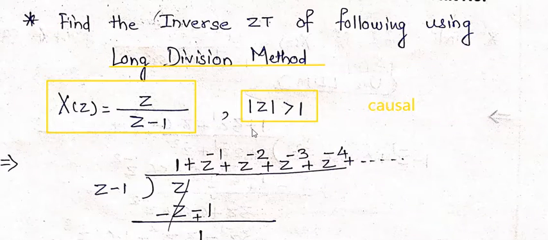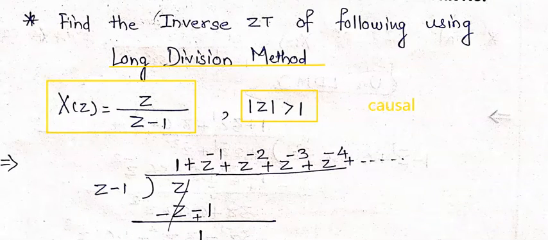So we need to understand here, whenever it is mod z greater than any particular value, it will be a causal sequence, or it is also called a right-sided sequence. For such sequences, obviously n will be from 0 to infinity. Sometimes it may be a finite one, but it must be towards the right side only.